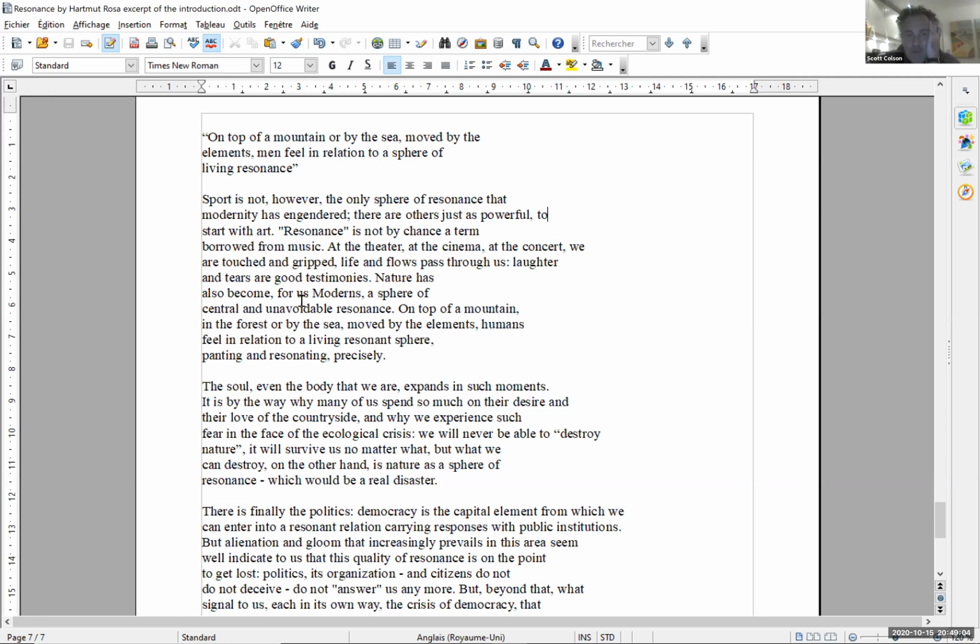Life and flows pass through us. Laughter and tears are good testimonies. Nature has also become, for us moderns, a sphere of central and unavoidable resonance. On top of a mountain, in the forest or by the sea, moved by the elements, humans feel in relation to a living resonant sphere.